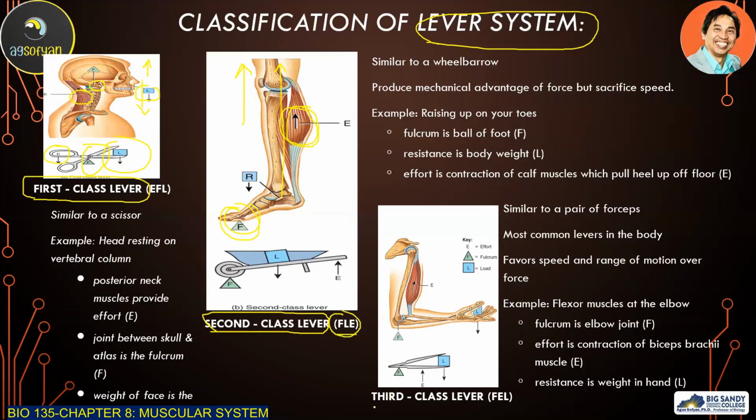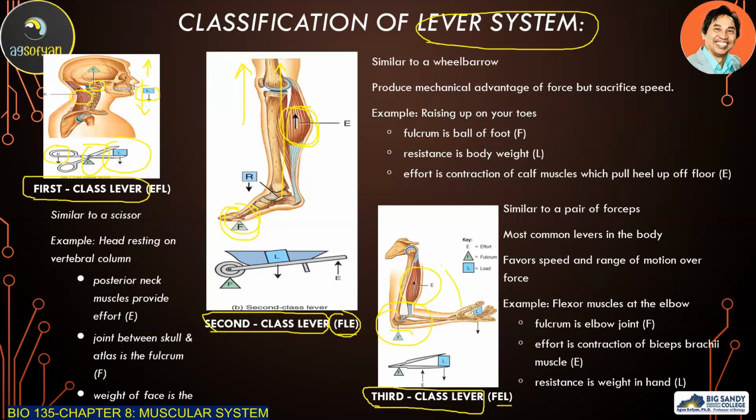And the third one is called the third class lever. This is FEL. So the fulcrum comes first. For example, this is the elbow joint, and the effort is in the middle, which is the bicep muscles over here. When the bicep contracts, what happens?